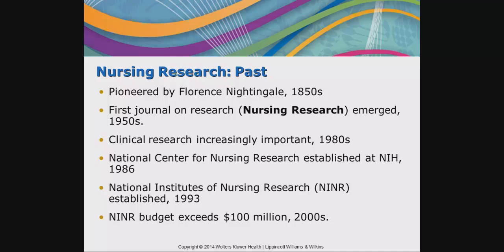Also, around 1986, the National Center for Nursing Research was established by the National Institutes of Health. So nursing finally had made it to the table of credibility, and that we are a powerful researching discipline. And that was noted by the National Institutes of Health.